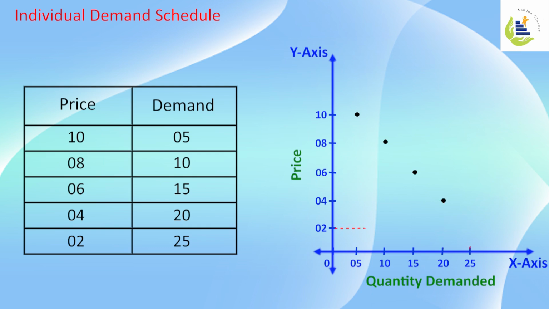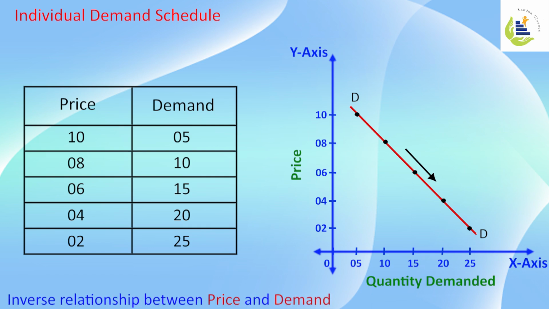When we represent this data, we see that this demand curve, DD, is sloping downward. It means when the price decreases, demand increases, or when the price increases, demand decreases. So it's a downward sloping curve for individual demand. Technically speaking, it represents an inverse relationship between price and demand.